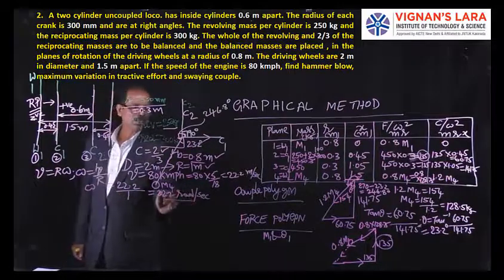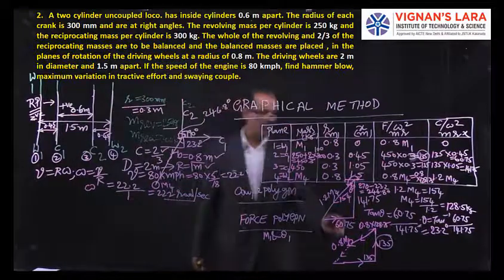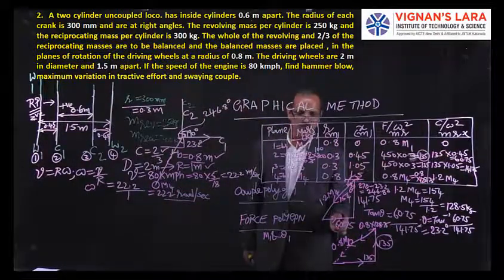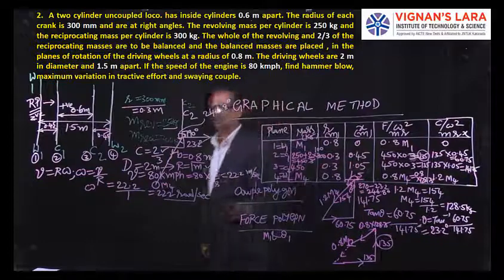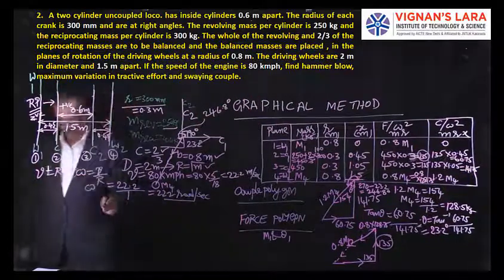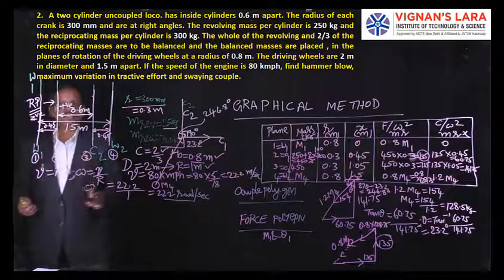I got the mass, how much I have to place at 1 and mass at 4, and I got theta 1 and theta 4. Then my objective is to find out the three components.